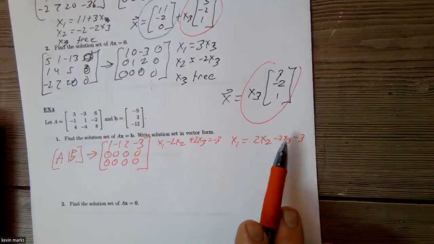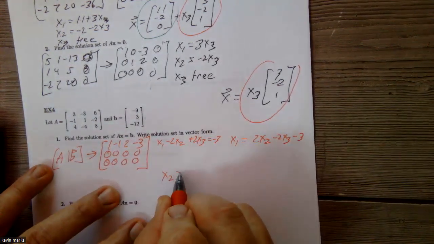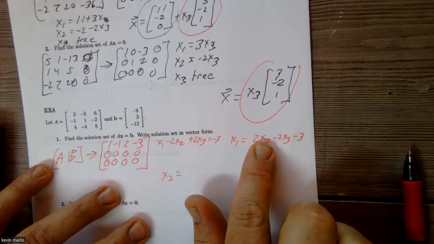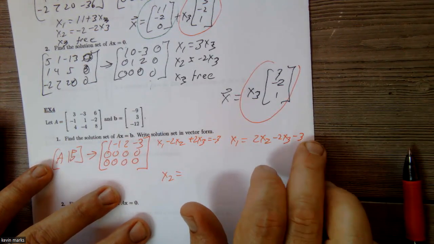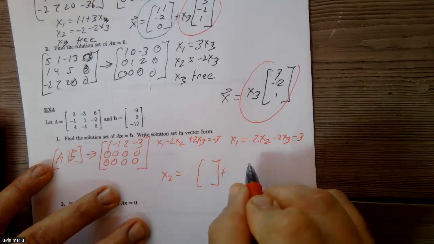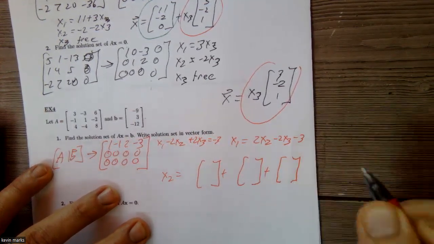It doesn't matter what order you write these three things in. If you want to put the constant first, whatever, it doesn't matter. But the point here is that x1 has three different components: the x2 piece, the x3 piece, and then the constant piece. So what we're talking about is a linear combination of three vectors.